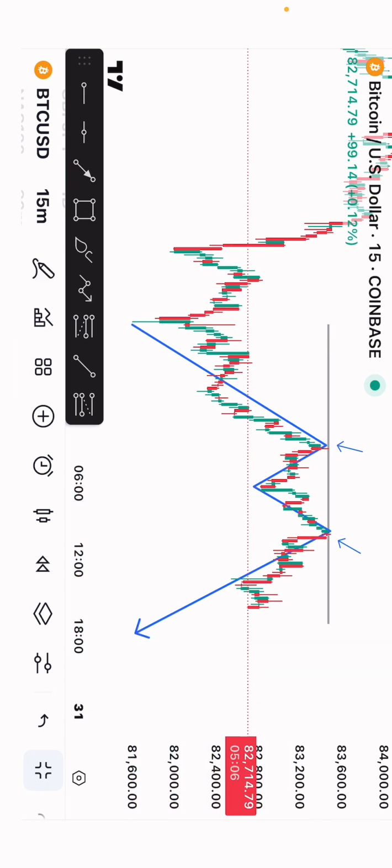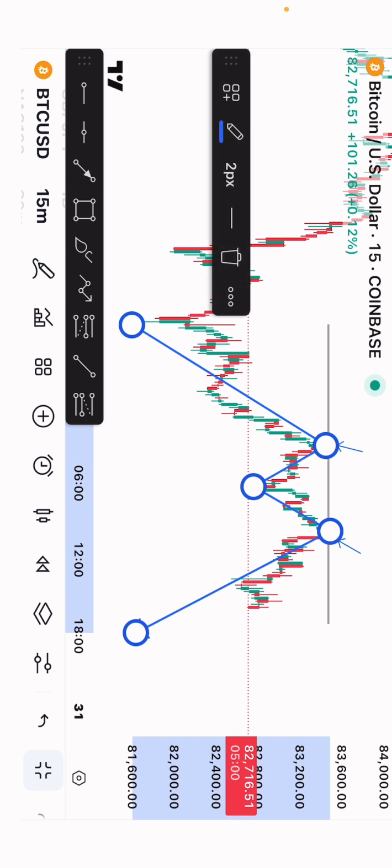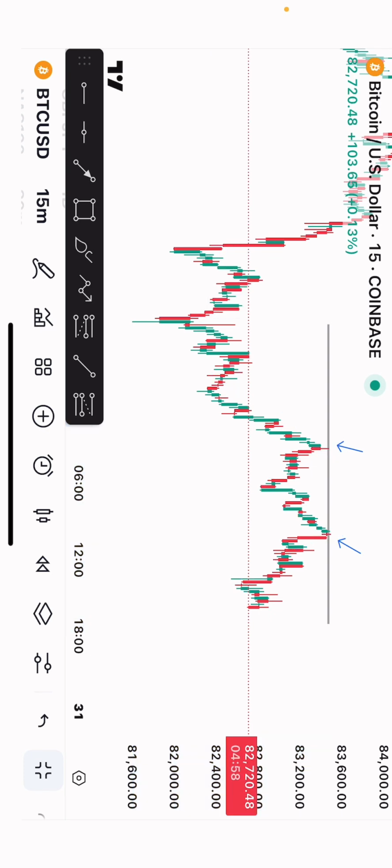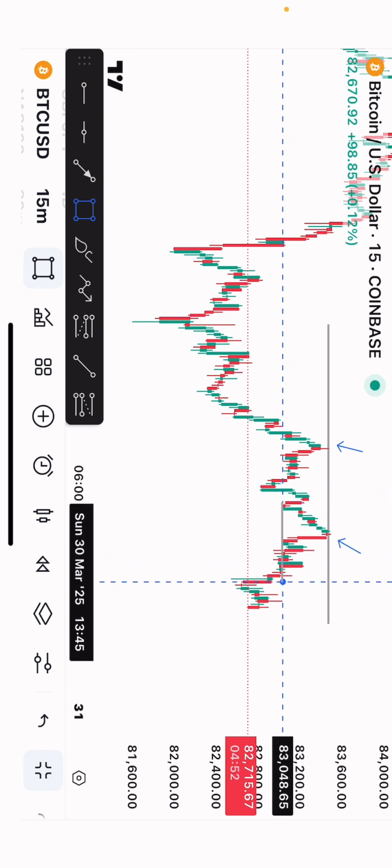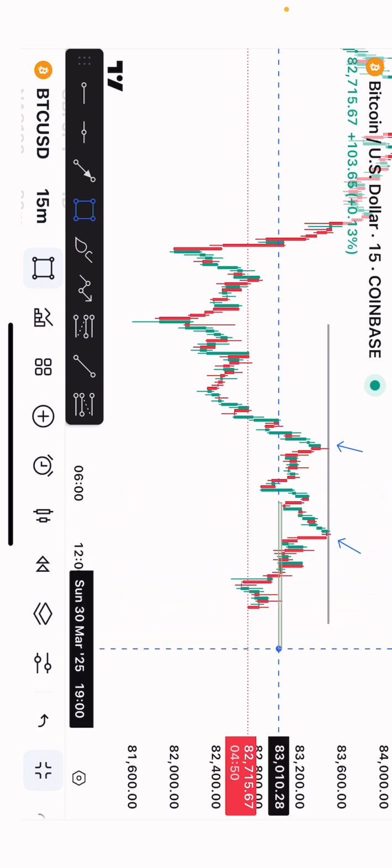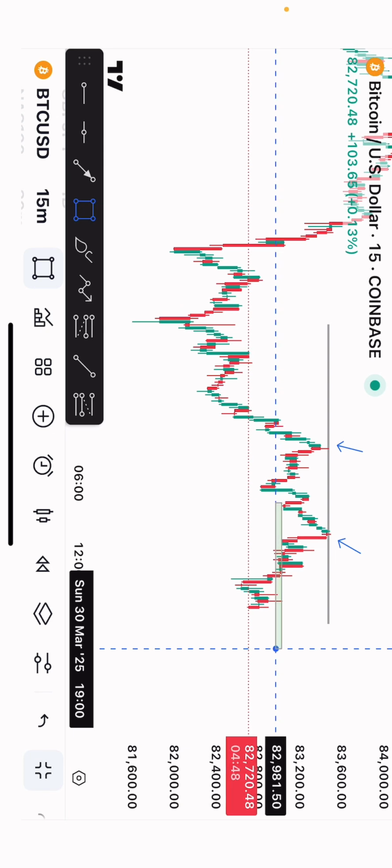It's gonna keep bouncing up and down, but this is the overall direction where it's going. For me, I was enough with the profits here, because I exited around this point. So I made decent money, 2k, 2.3. I was enough with that.